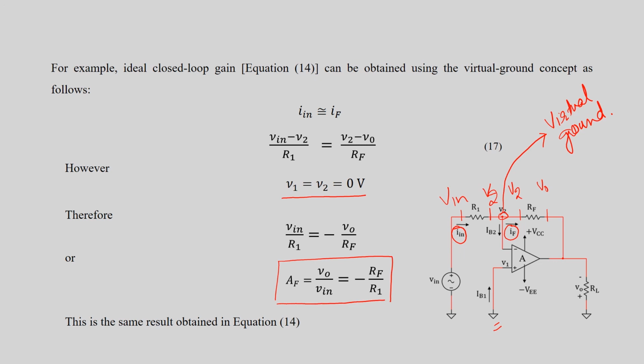That is the same result which we obtained earlier. The same result we can get by using the concept of the inverting input terminal at virtual ground. So this point in this inverting configuration is called the virtual ground point. This is one of the most important concepts.